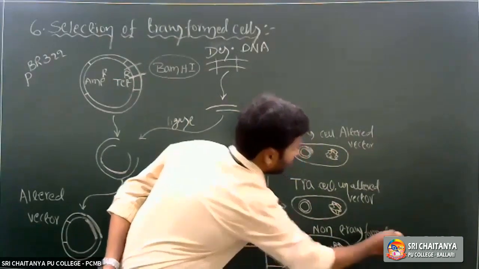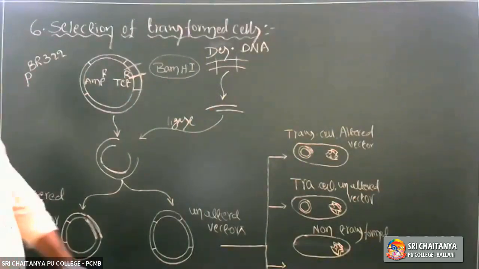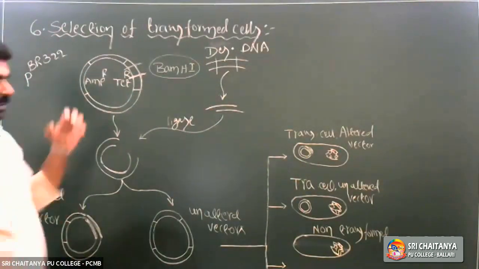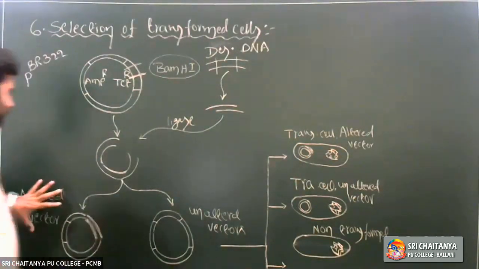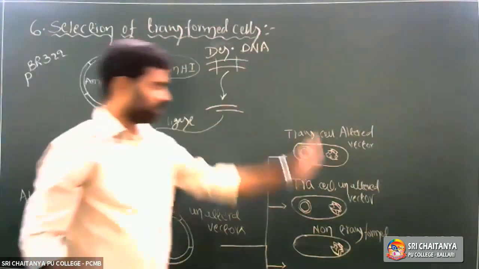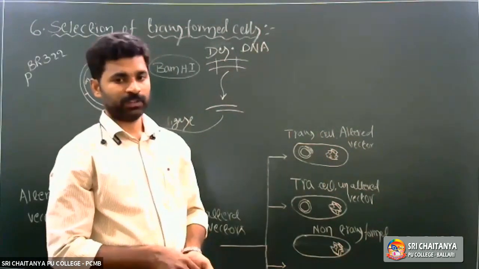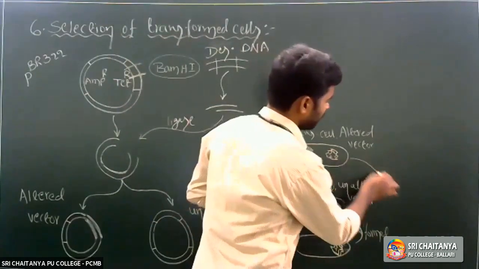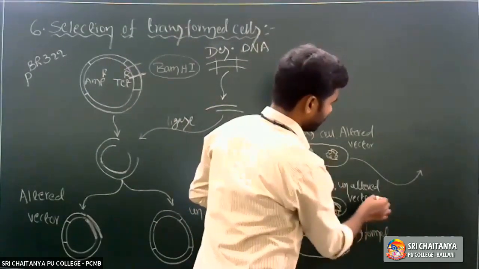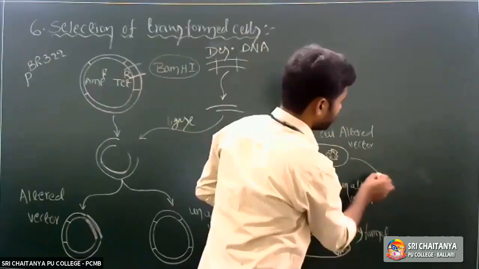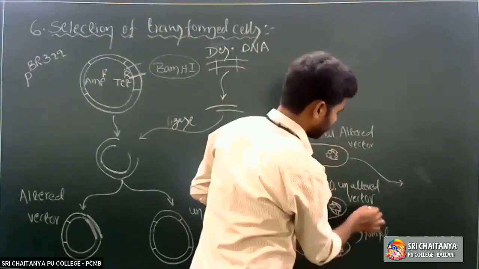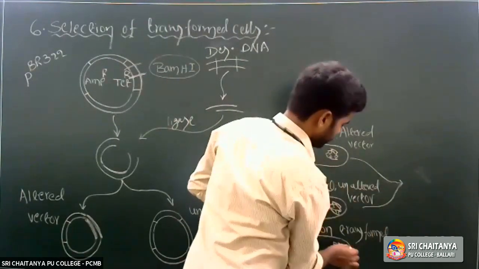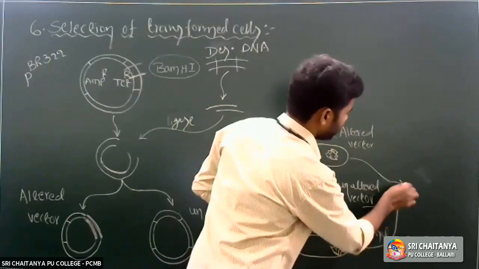Is it clear? So like that, three types of bacterial cells formed when we insert altered and unaltered vectors into host cell cytoplasm. These three types of bacterial cells, again, we transferred into the ampicillin medium.